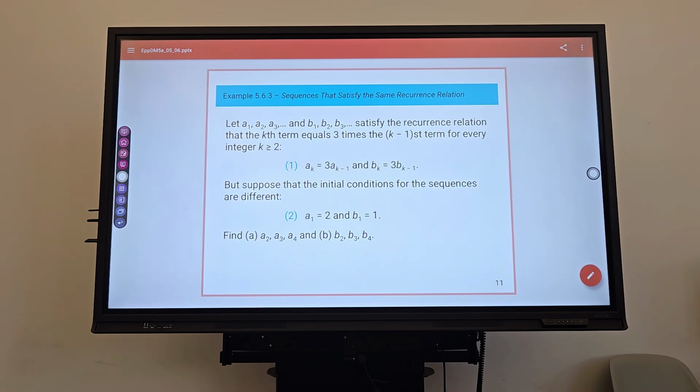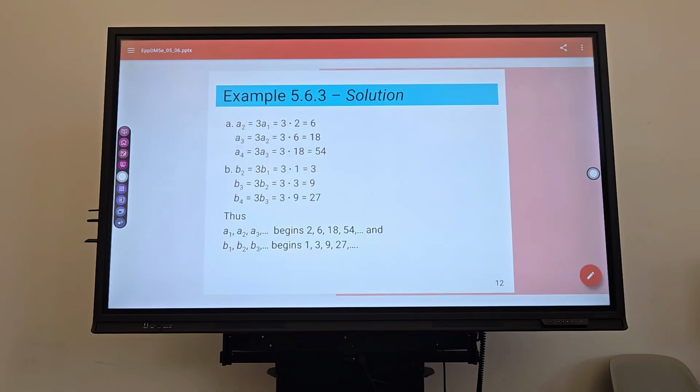Let A and B be sequences that satisfy the recurrence relation that the kth term equals 3 times the k minus 1 term for every integer k greater than or equal to 2. All right. But suppose that the initial conditions for the sequence are different. If A sub 1 is 2 and B sub 1 is 1, you get different sequences.